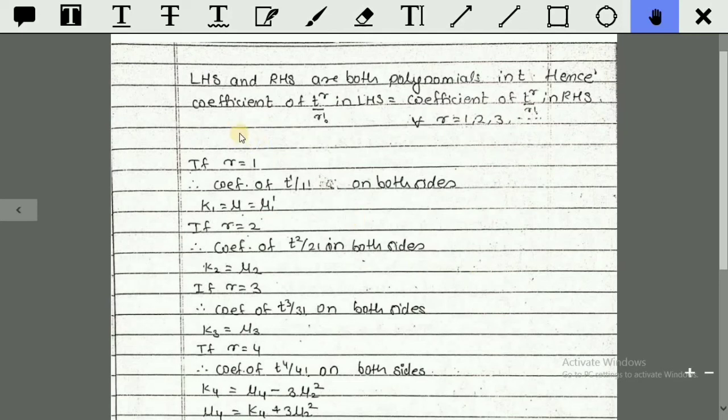Now LHS and RHS are both polynomials in t. Hence, the coefficient of t raised to r upon r factorial in LHS is equal to the coefficient of t raised to r upon r factorial in RHS for all r going from 1, 2, 3 up to infinity.